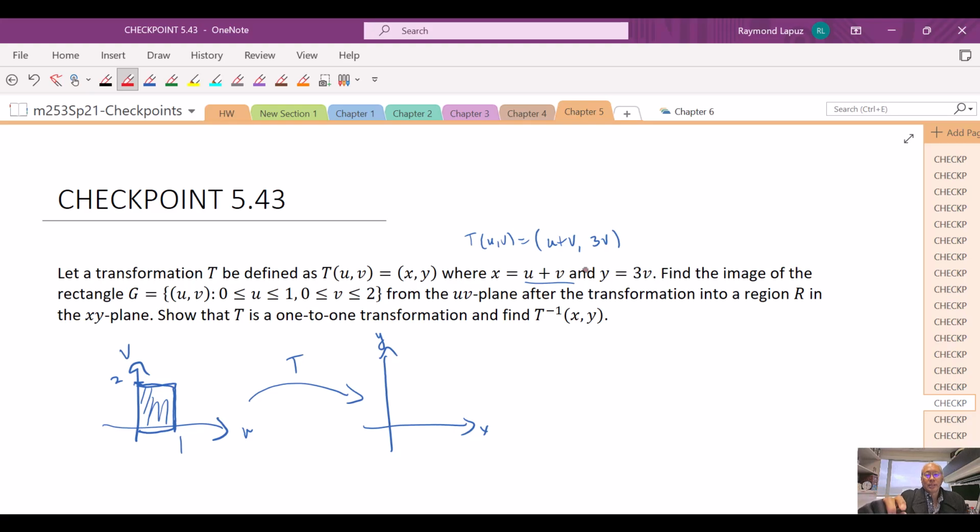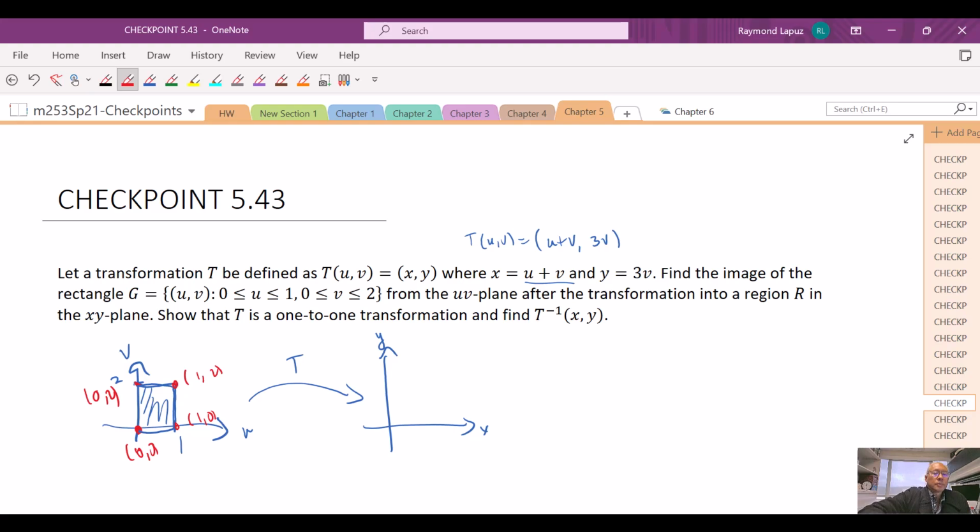So we want to take some sample points from the uv plane, like (0, 0), (1, 0), (1, 2), and (0, 2), and see where they transform onto the xy plane. Since parallelograms map to parallelograms, we should get a parallelogram on the xy plane.